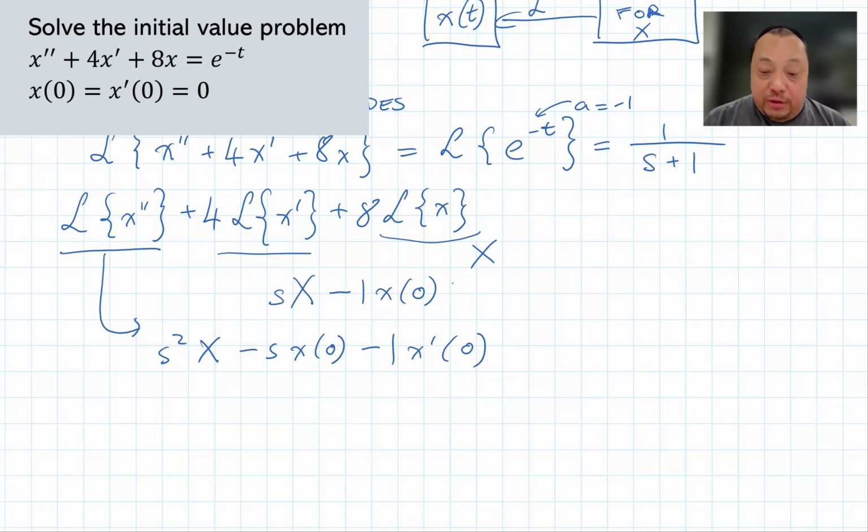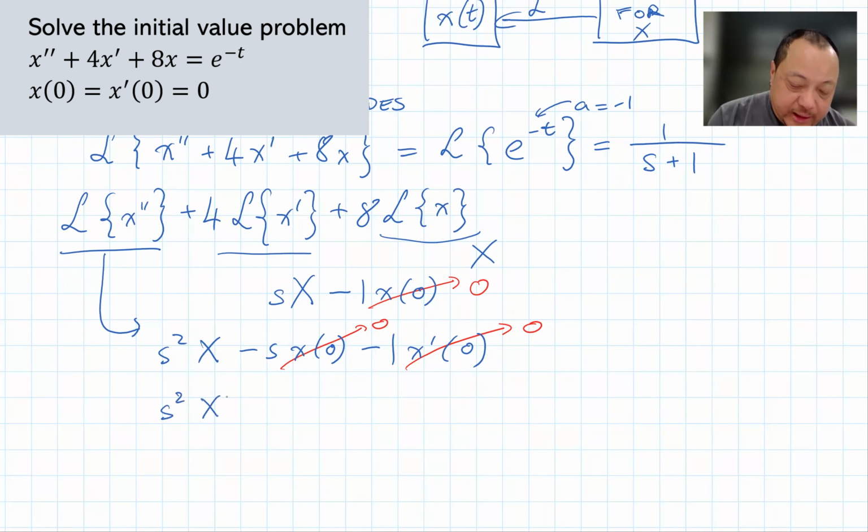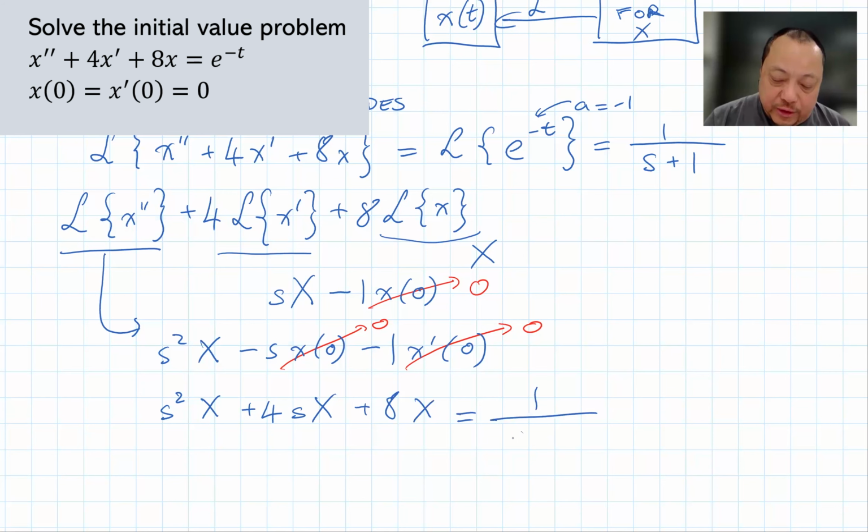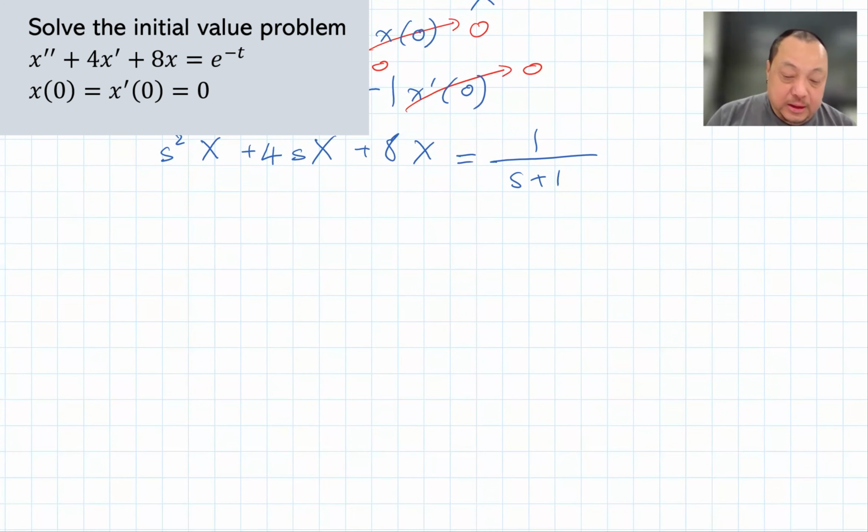I look at the question and all of these are equal to 0. So now the combination is s squared X plus 4sX plus 8 capital X is equal to 1 over s plus 1. That's step 1.